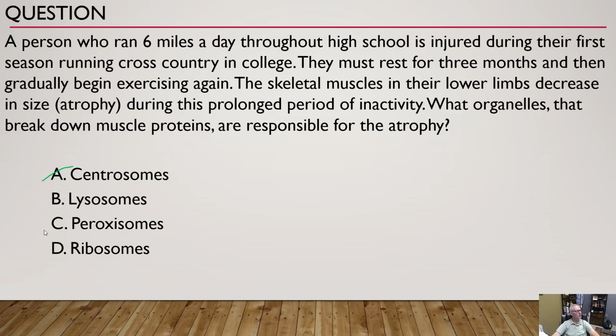Peroxisomes break down fats, hydrogen peroxide, lipids. Ribosomes create proteins. Lysosomes break down proteins, cellular debris, and that stuff. So breaking down proteins is going to be lysosomes.